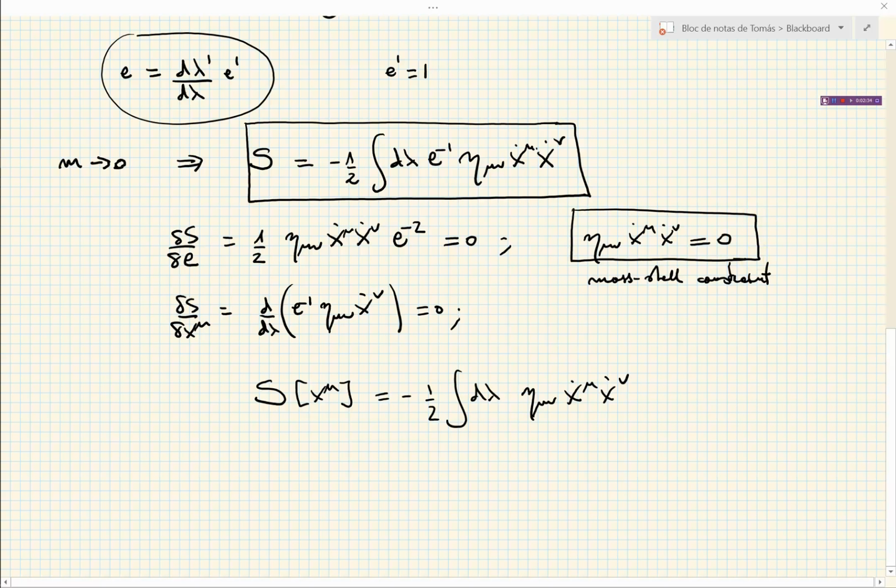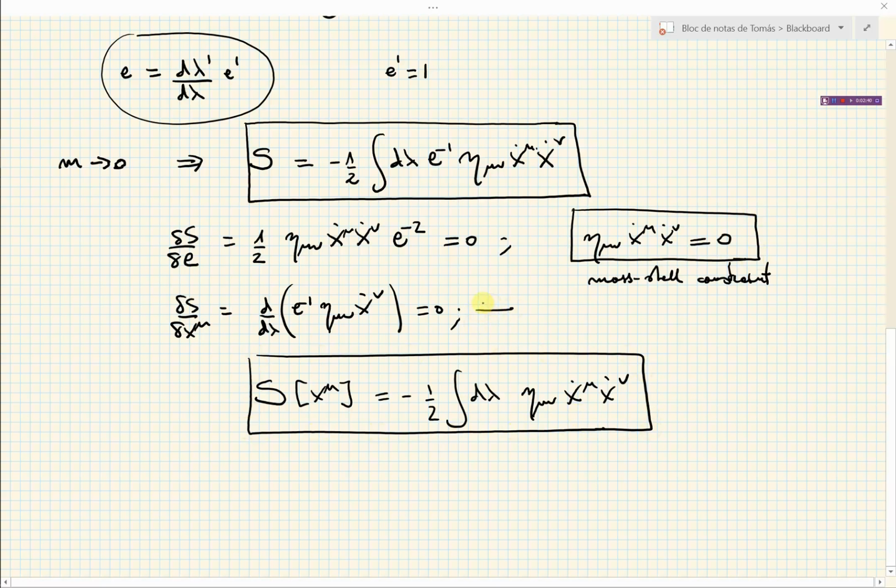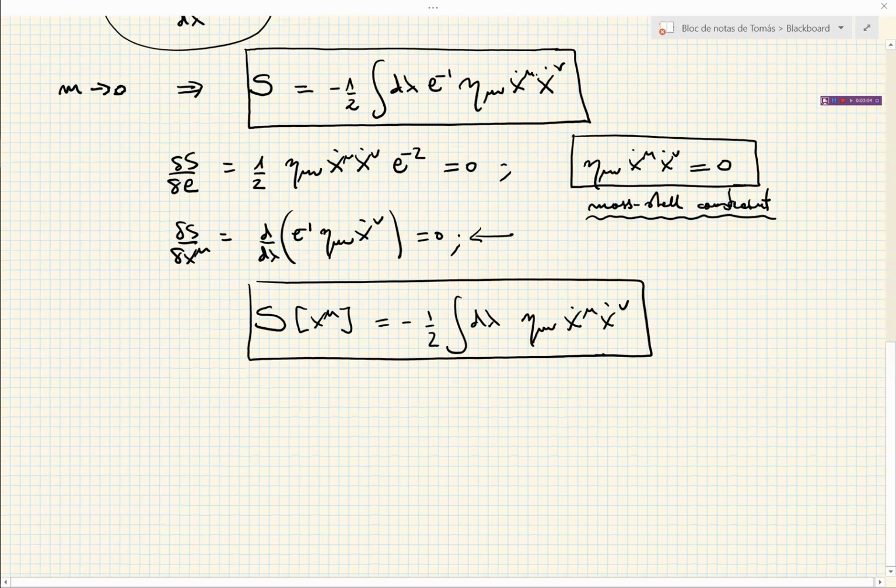Now this action is still quite useful because it leads to exactly the same equations of motion. So this action and similar actions can be used if one remembers that the equations of motion that follow from this action are not the whole story, and that one has to impose this mass shell constraint because it doesn't follow automatically from the equations of motion that you are solving.